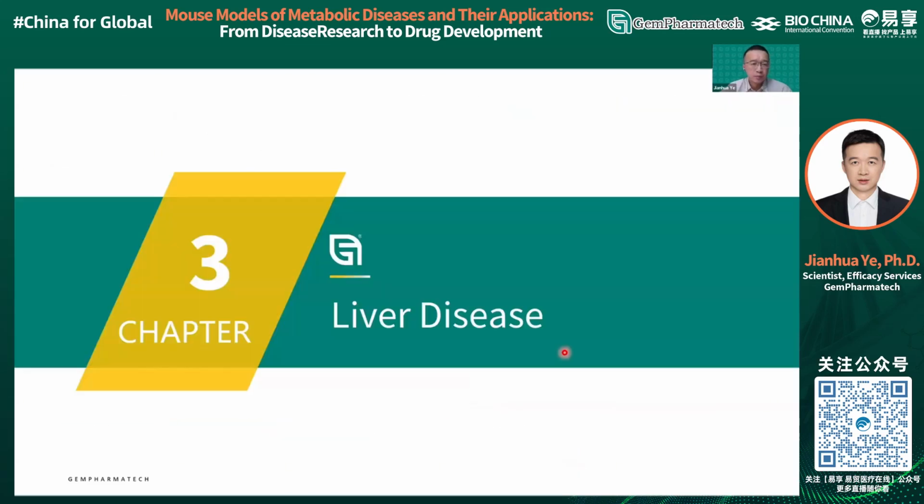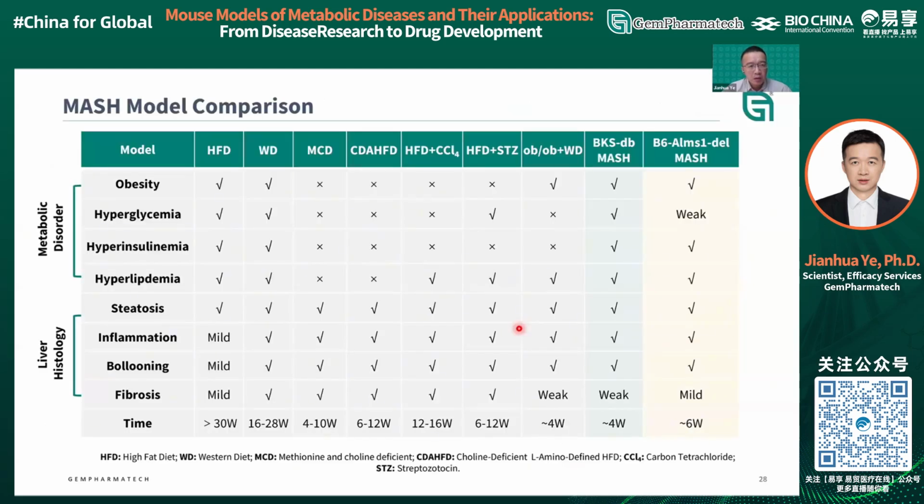Then the third chapter is the liver disease. On liver disease, especially for the MASH, we have many different types of models. We have the high-fat diet and the Western diet induced model, which is caused by overnutrition. We also have the nutrition deficiency diet induced model, including the MCD and the CDA-HFD.